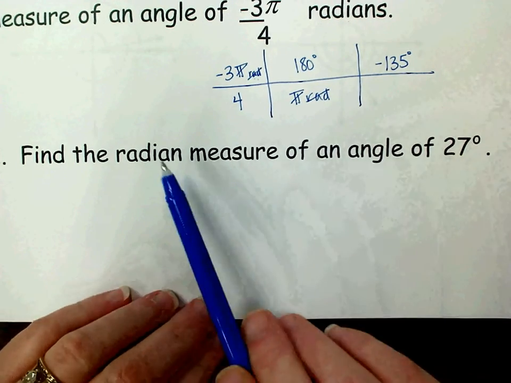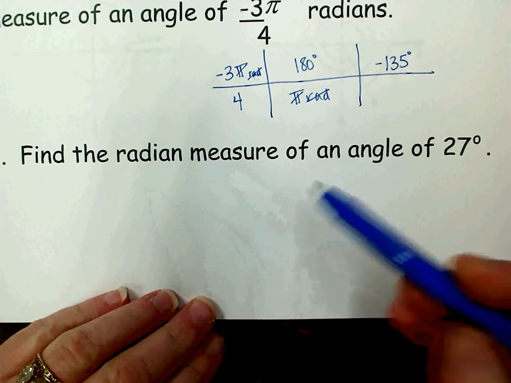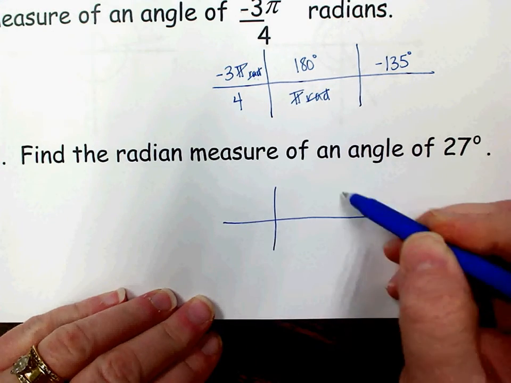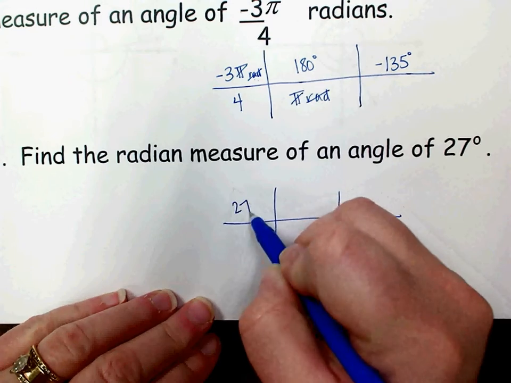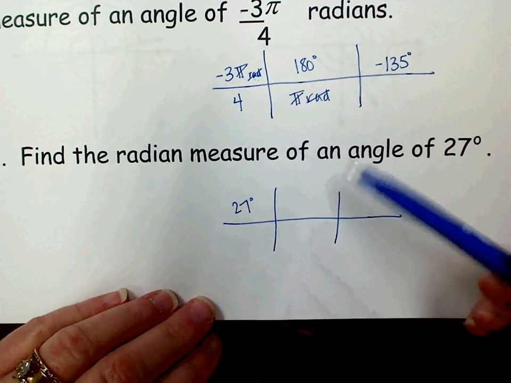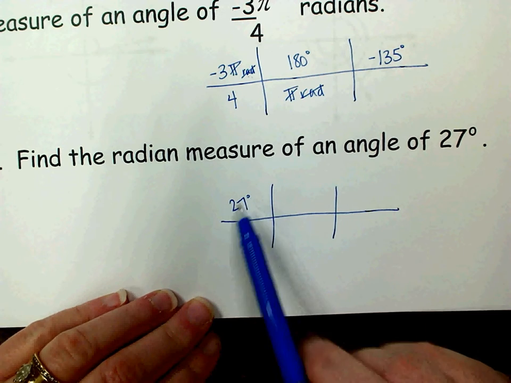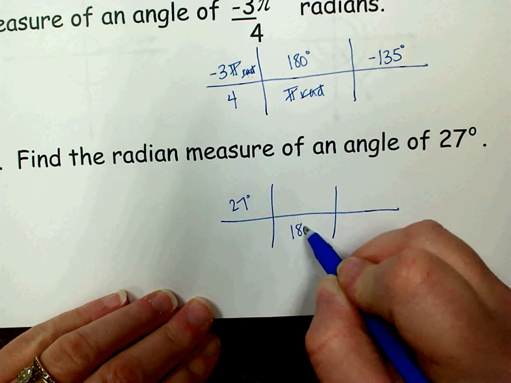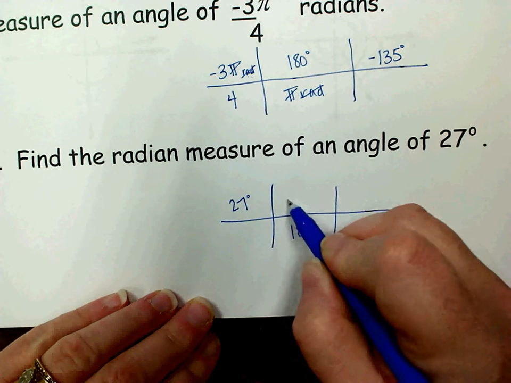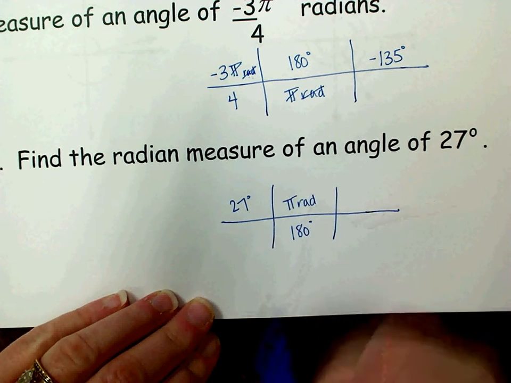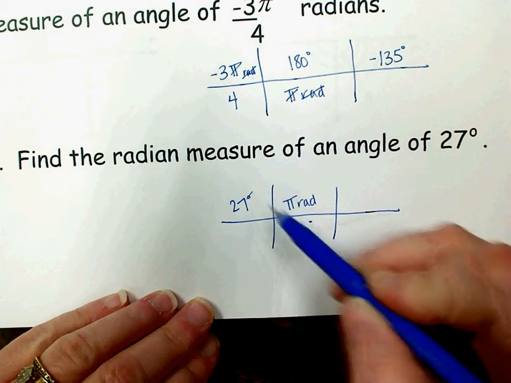So when you set up your T-chart here, you're going to put 27 degrees, and we're going to use our conversion here, but this time we're trying to get rid of the degrees. So I'm going to put the 180 degrees in the denominator and my pi radians in the numerator. Only the units cancel this time, so the degrees cancel away.